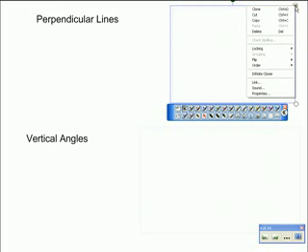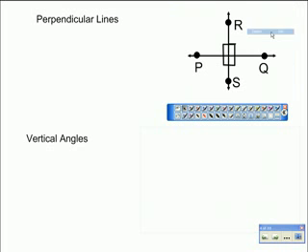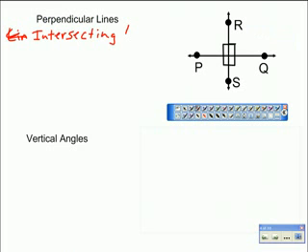Now we're going to get into some lines that have properties for angles. Perpendicular lines. Perpendicular lines are intersecting lines that form 90-degree angles at their intersection.